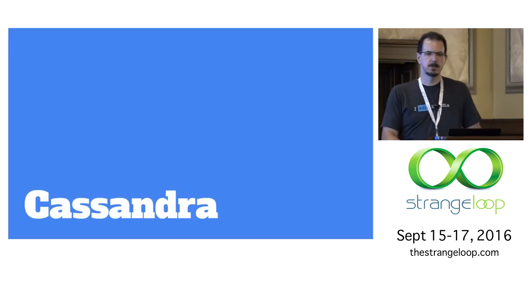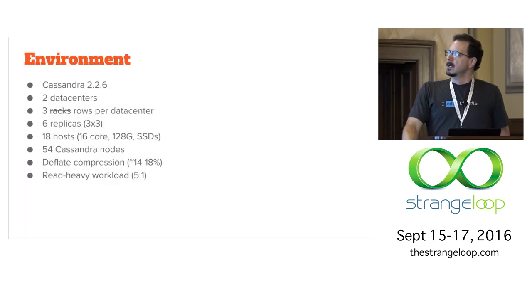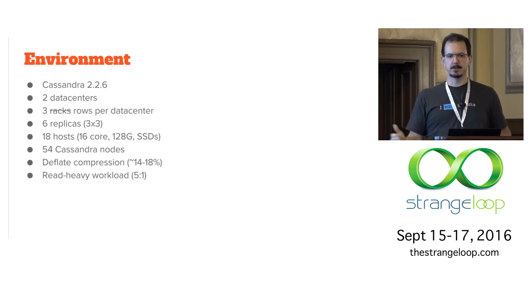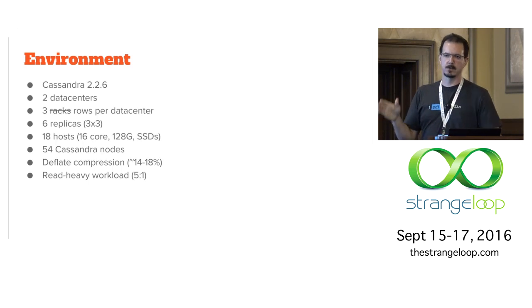Okay, so that's our use case for Cassandra. Let's dive into that a little bit. In our environment, we have one cluster that spans 2 data centers. We're running Cassandra 2.2.6. We're using Cassandra's NetworkTopologyStrategy to distribute a total of 6 replicas, 3 to each data center. Within each data center, we have our hosts spread out across 3 rows.